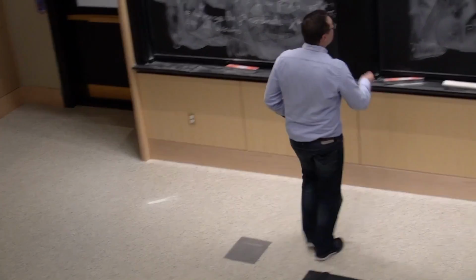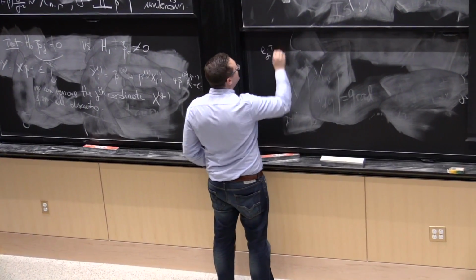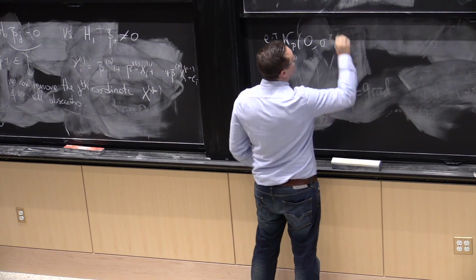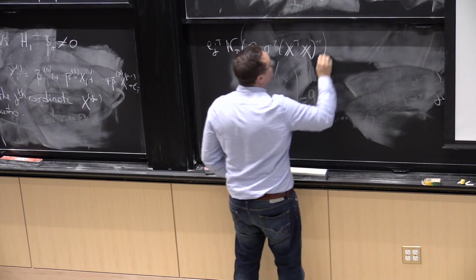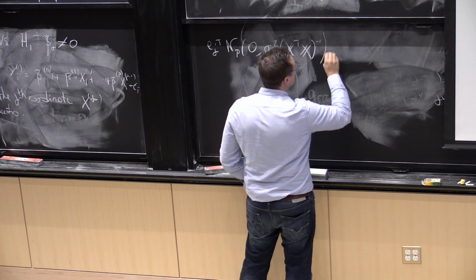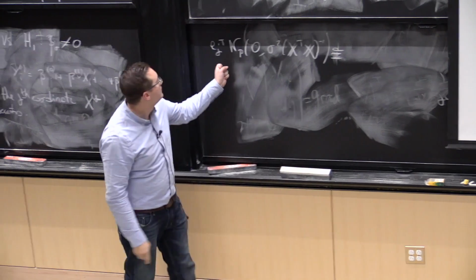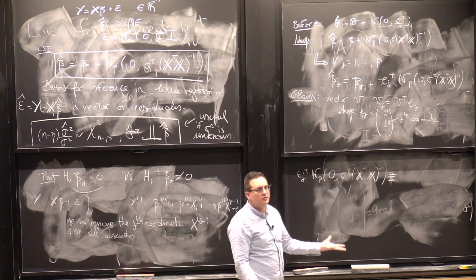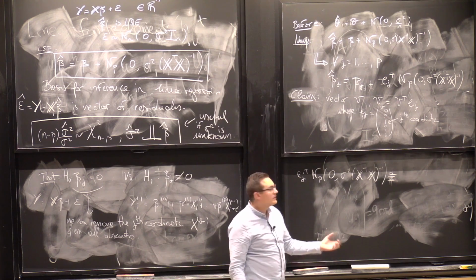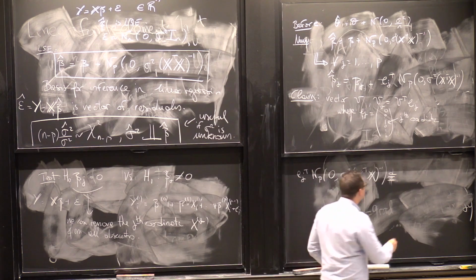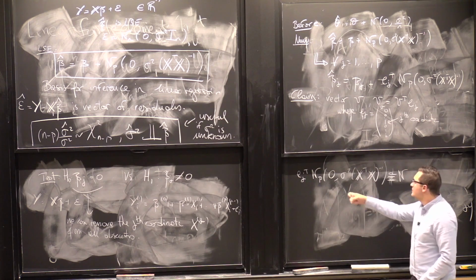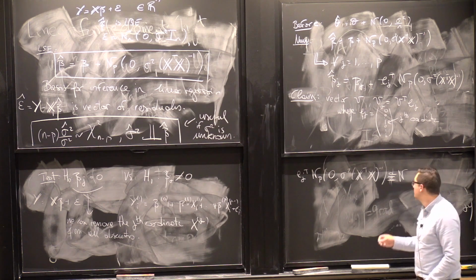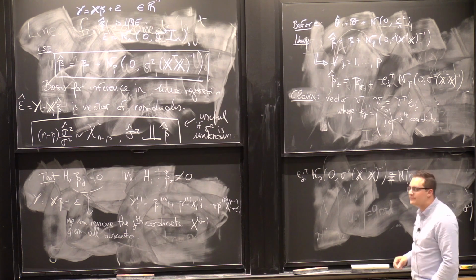So all I have to check is what ej transpose N(0, sigma squared x transpose x inverse) is equal in distribution to. Well, this is going to be a one-dimensional thing, right? An inner product is just a real number. OK, so it's going to be some Gaussian. The mean is going to be 0, its inner product with ej, which is 0. What is the variance of this guy?